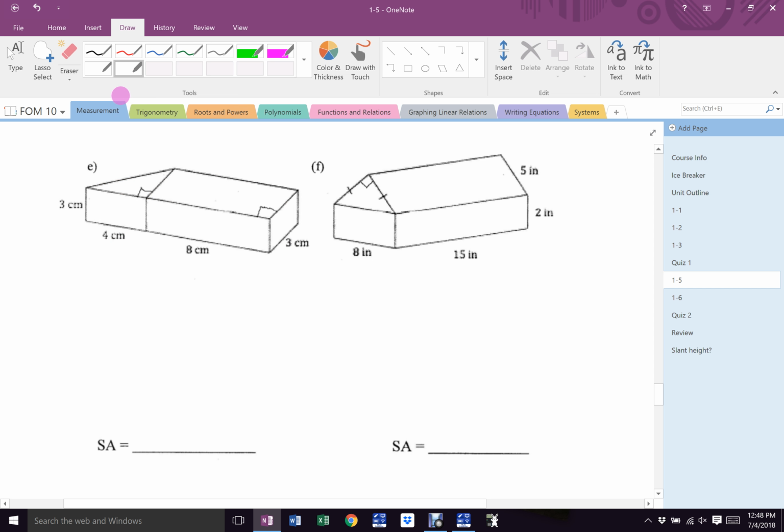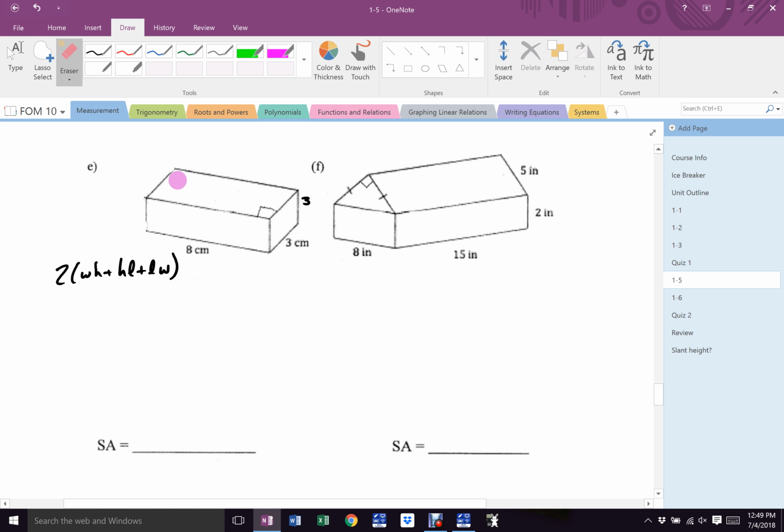What is that? You knew that this was 3 tall. Do you have a formula for that? It is 2WH plus 2HL plus 2LW, correct?